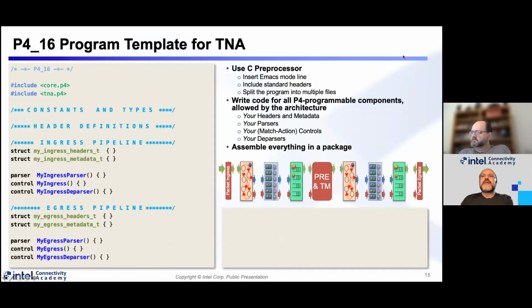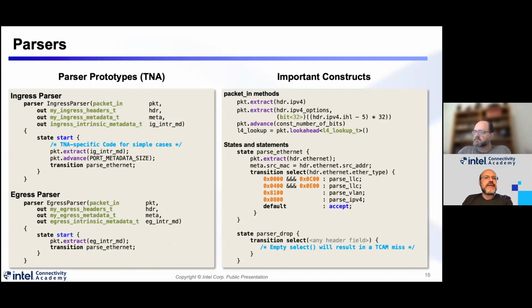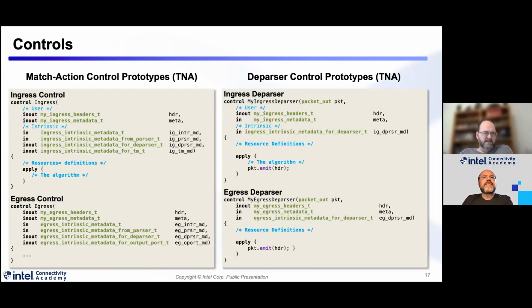Okay, so if we take a look at the program code, how different is it compared to, say, PSA? A lot of it is very similar. You find instantiations and definitions of parsers, controls, and deparsers. One main difference is the definition of the intrinsic metadata structures.